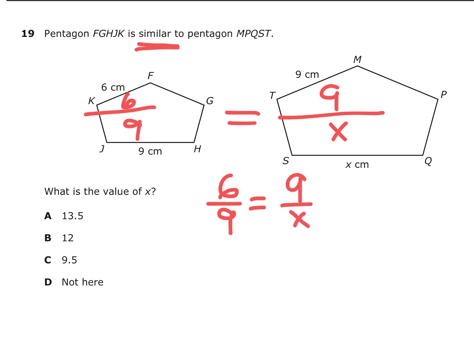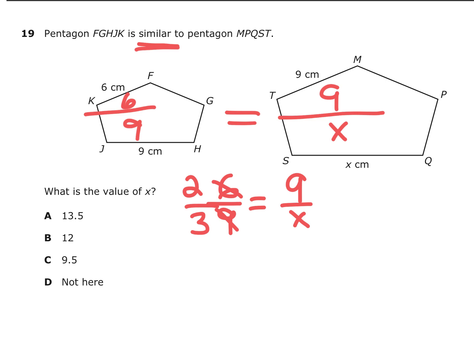Now, you can do a cross product to multiply this out. You can also reduce 6 over 9 by 3. Since 3 goes into 6 2 times, 6 over 9 is 2/3.